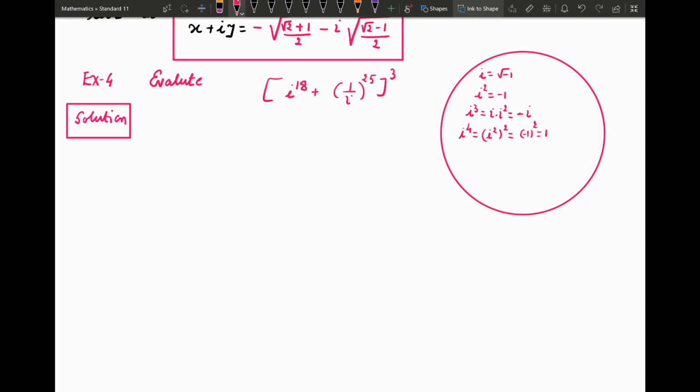And the second result, (a plus b) whole cube is a cube plus 3a square b plus 3ab square plus b cube. So we use these results to evaluate the given problem.